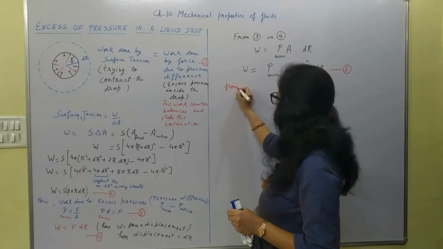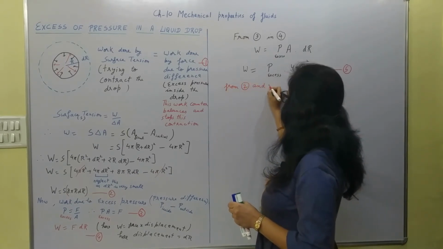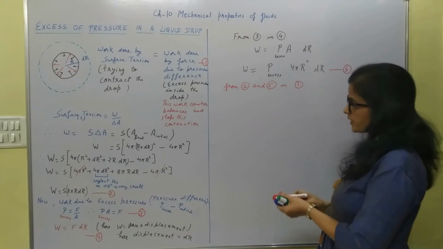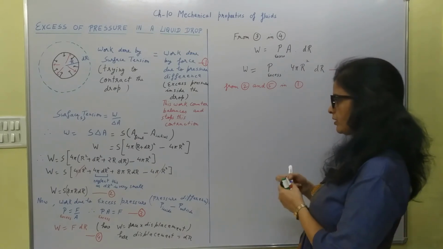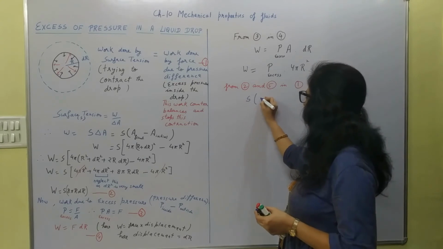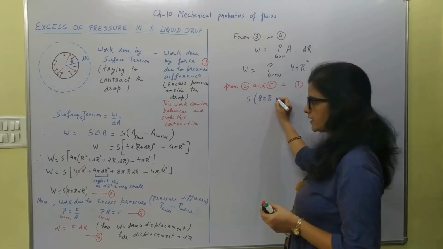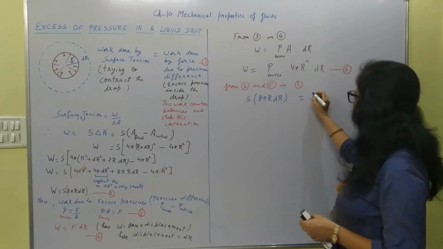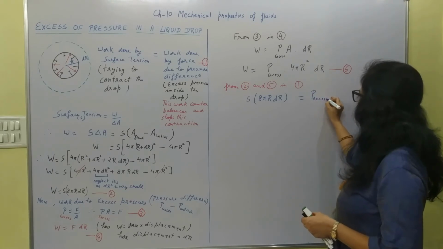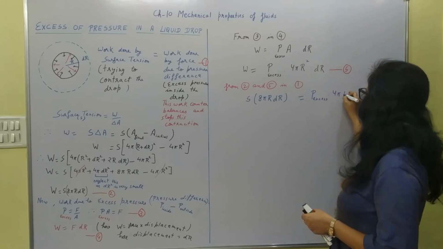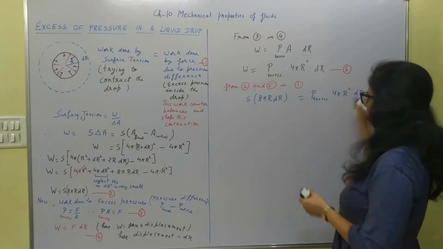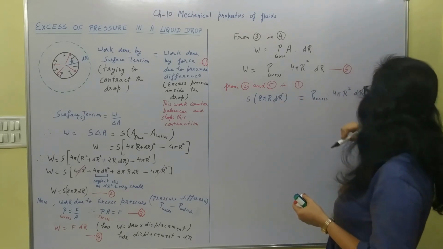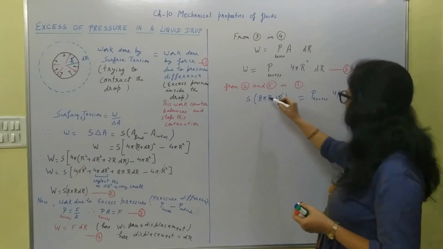From 2 and 5 in equation 1. So work done by surface tension is how much? S into 8 pi r dr is equal to, the fifth one, P excess into 4 pi r square dr. Let's check what can be cancelled from here. Dr can be cancelled and pi can be cancelled.